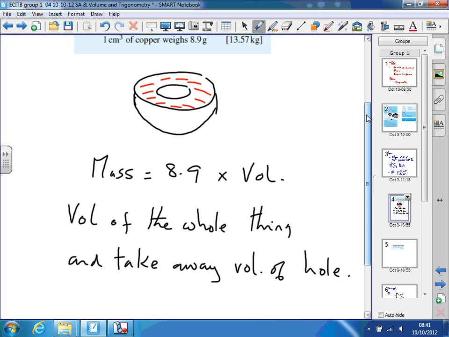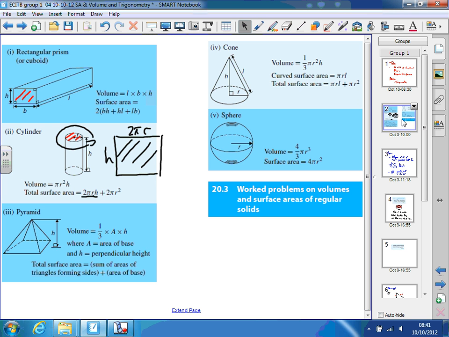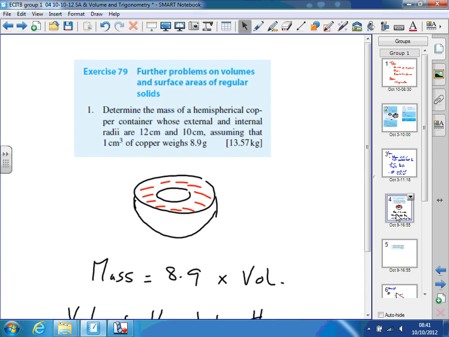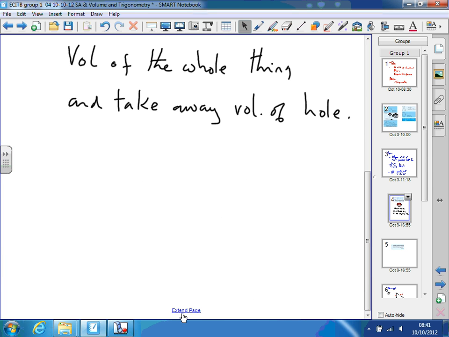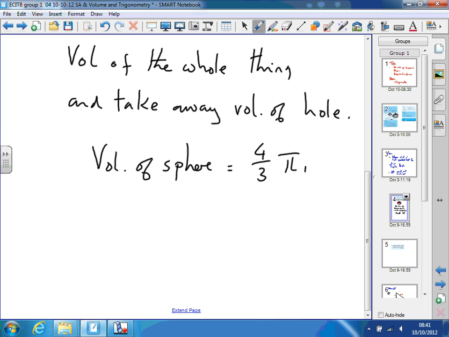Formula to find the volume of a hemisphere, then. Let's look back at our things. Which one's going to help us? No, not the cylinder. The sphere here. It's a hemisphere, a sphere cut in half, so that's what we're after. So what's the formula for the volume of a sphere? 4/3 pi r cubed. So the volume of a sphere is 4/3 pi r cubed.